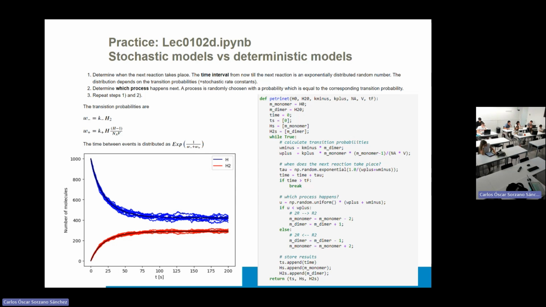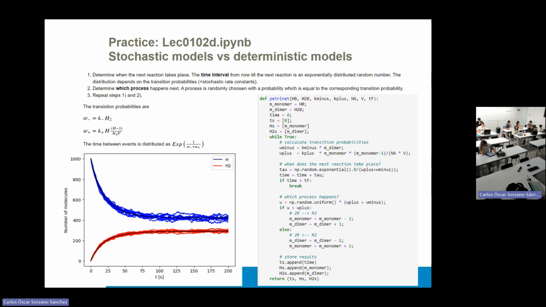So it will be H times H minus 1. And then we have to take into account what is the volume and what is the concentration in which the encounters are happening. So somehow this is where the Avogadro's number and the volume enter. Okay, so these are the transition probabilities.